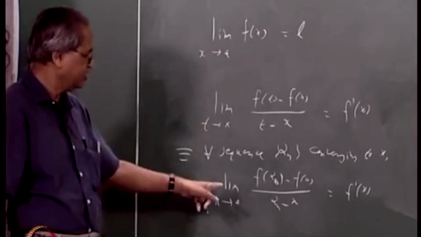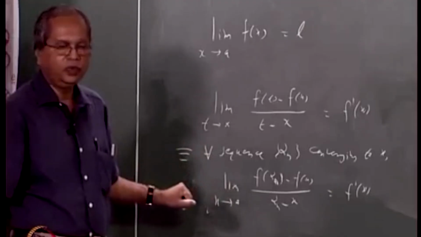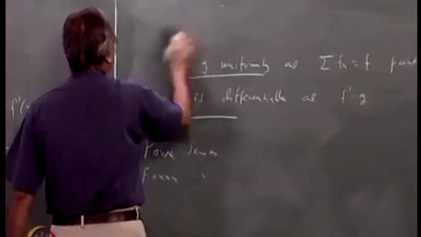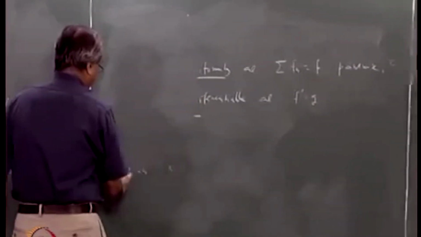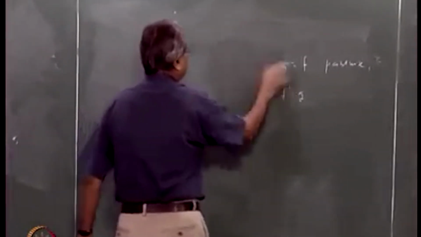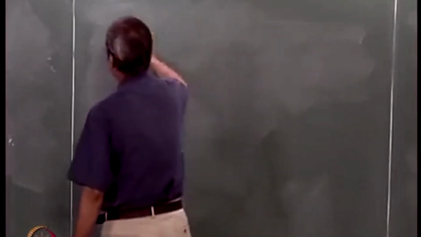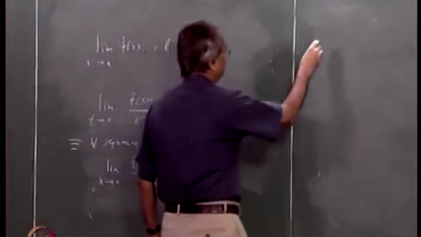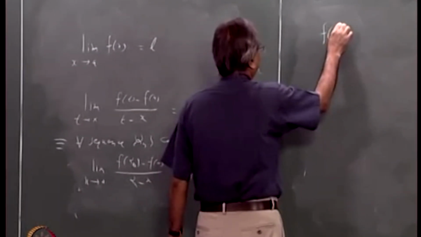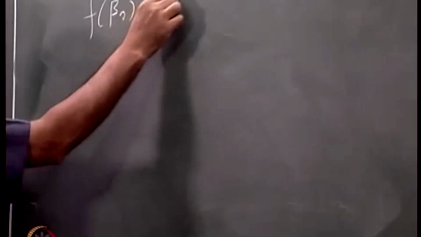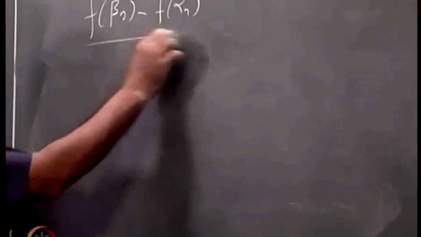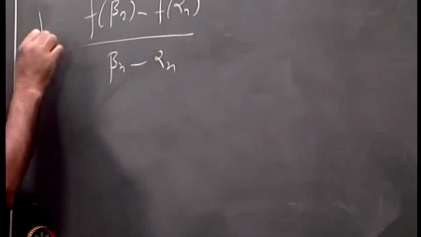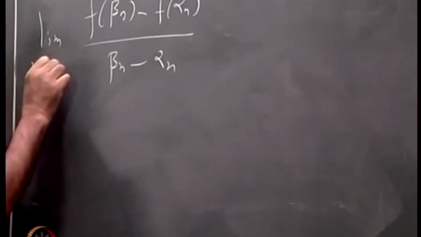Now this is fairly easy, that follows immediately by applying this principle. But what we want is a slight modification of this. Suppose instead of one sequence alpha n, you take two sequences alpha n and beta n, both converging to x, and I look at the ratios f at beta n minus f at alpha n divided by beta n minus alpha n, and take the limit as n tends to infinity.